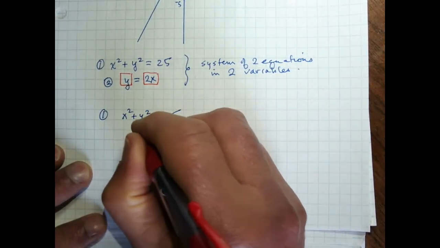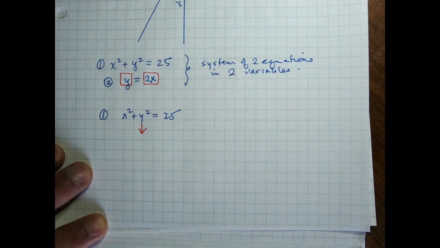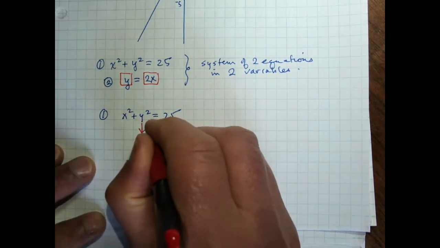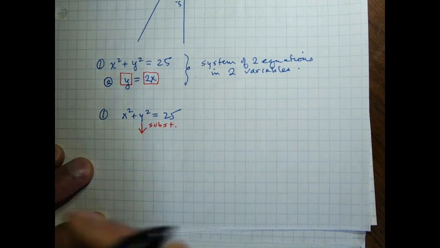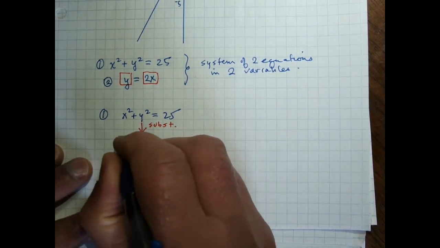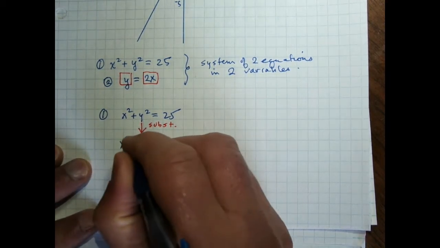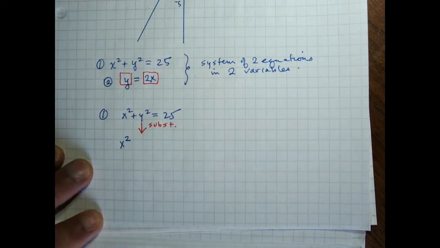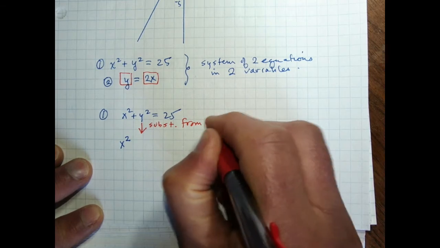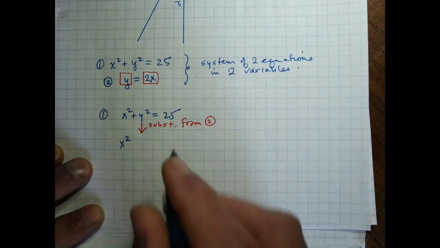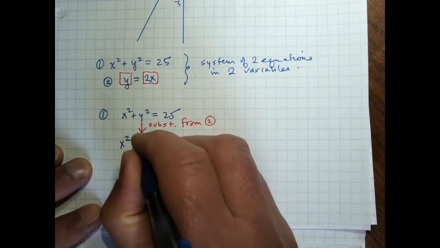So I'm going to take equation 1 and I'm going to make that substitution where I'm going to replace the y with 2x. So I recopy x squared. So let's maybe say the substitution from equation 2 is where we're getting the idea from. y can be replaced with 2x.